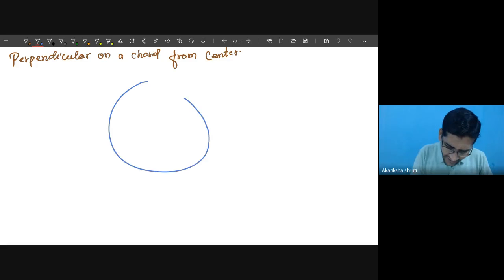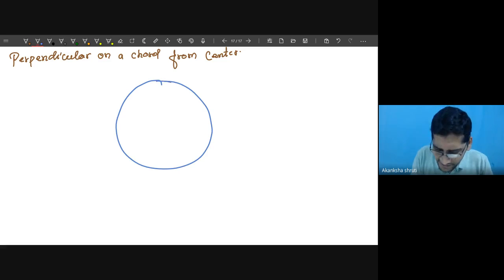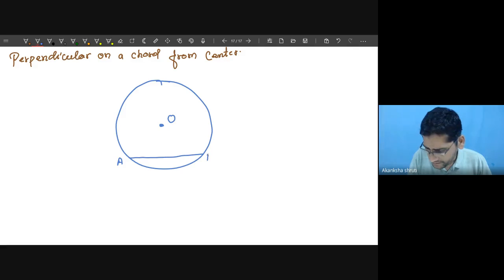In this case, we are given a circle. Let us consider this is a circle with center O. Let us consider AB as one of the chords. Now we want to draw the perpendicular from O on AB. So drawing perpendicular means 90 degree on AB.